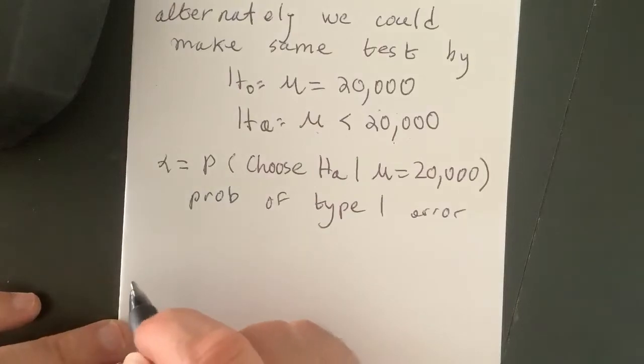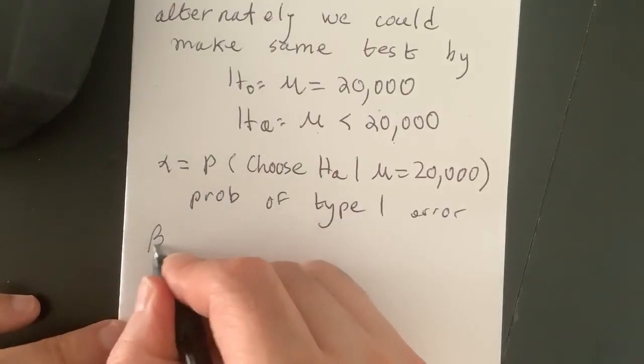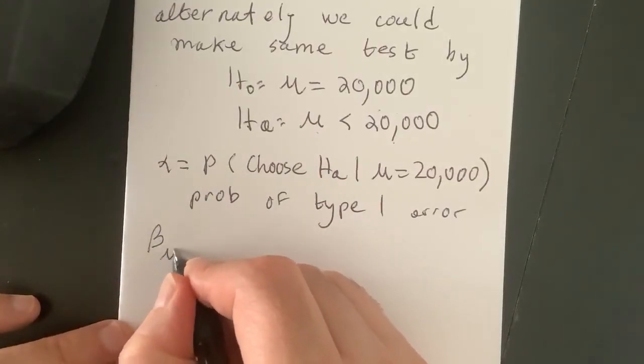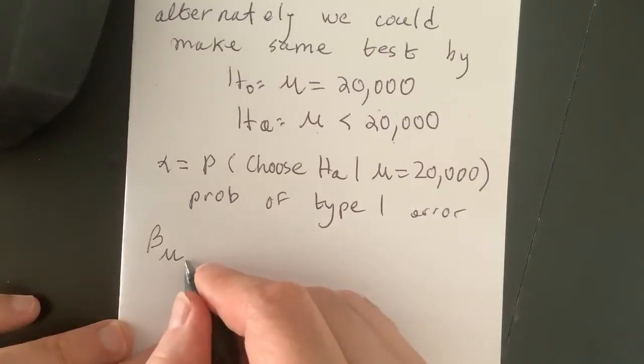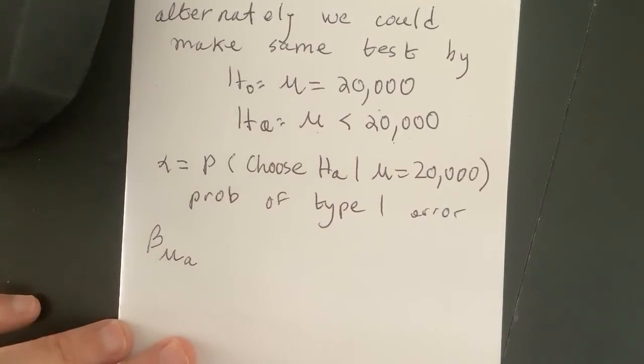So for beta, we'll put mu down here, and write it as mu A to mean that it's in the alternate hypothesis set.